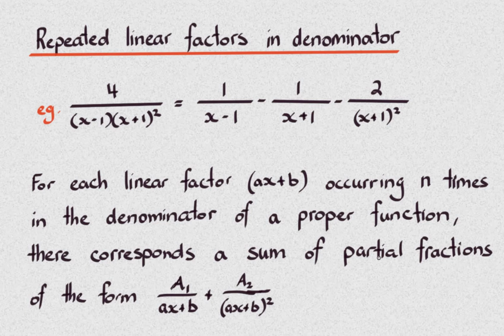And so if we have n instead of 2, we keep going until we get to our nth fraction. Once again, some constant on the top that we'll just call an. But what's on the bottom? Ax plus b to the power of n. So cubed, power of 4, we just keep going. So this is our general rule.